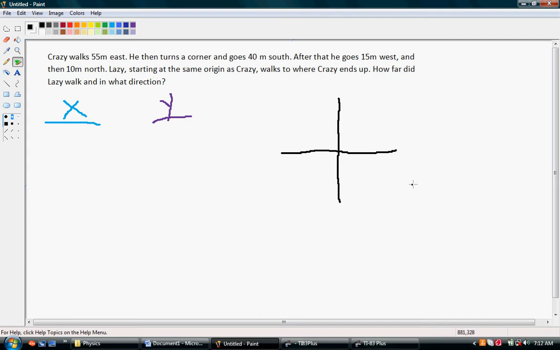This would be east, which is 0 degrees, and then north, which is at 90 degrees, west, which is at 180 degrees, south, which is at 270 degrees, and then east is also 360 degrees.